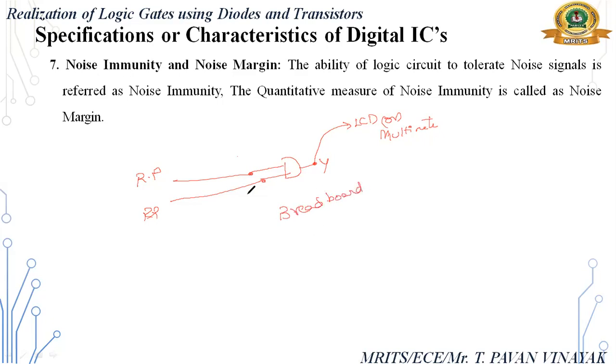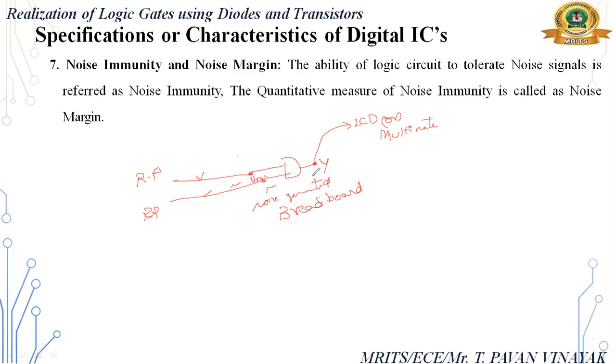So due to contact, suppose while giving connections, this wire and this wire get connected. What happened? Internally, they form a static electric and magnetic field, so noise is generated.